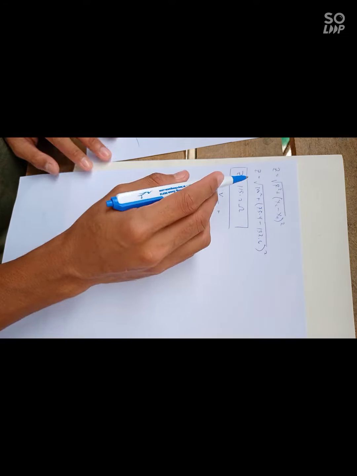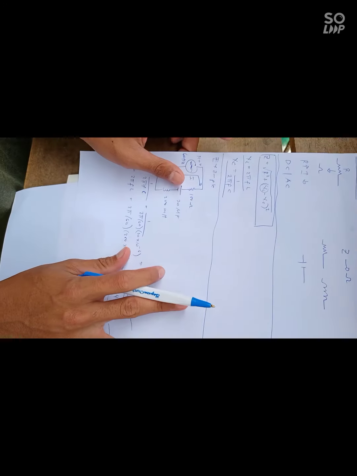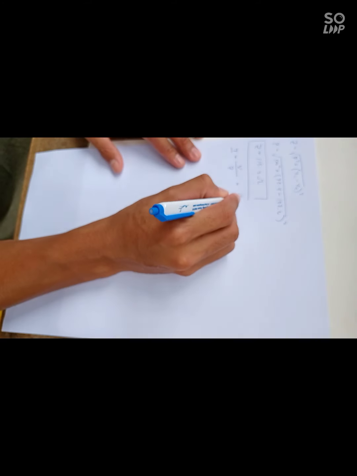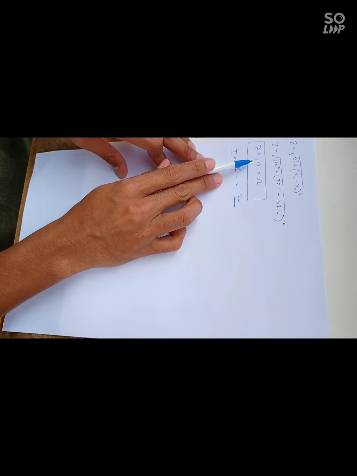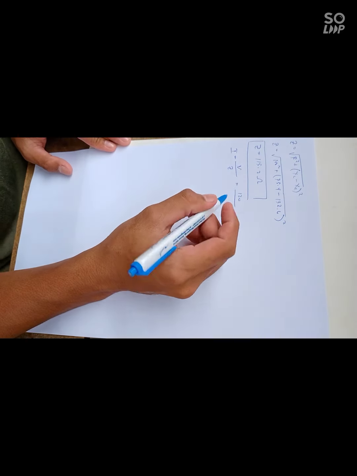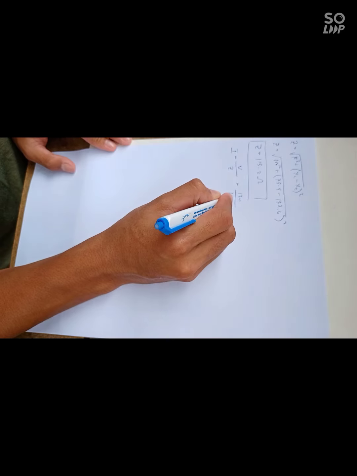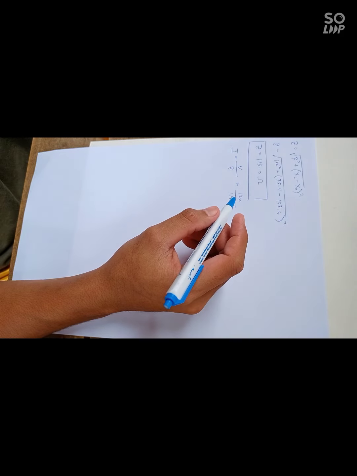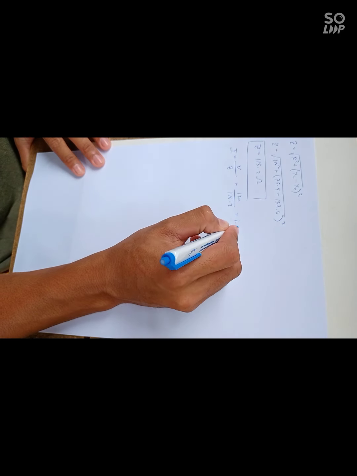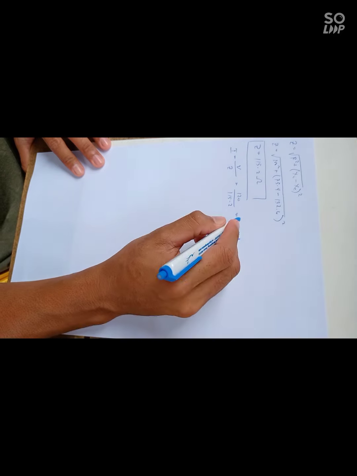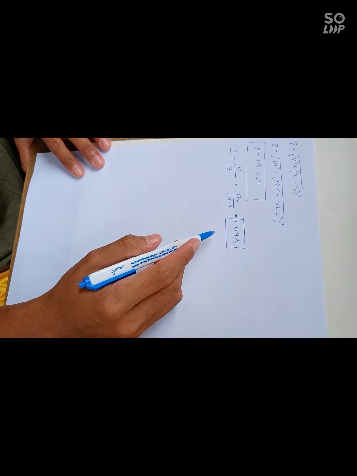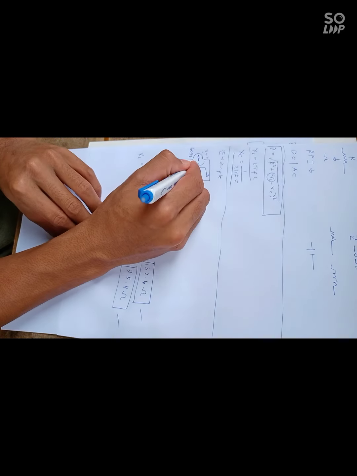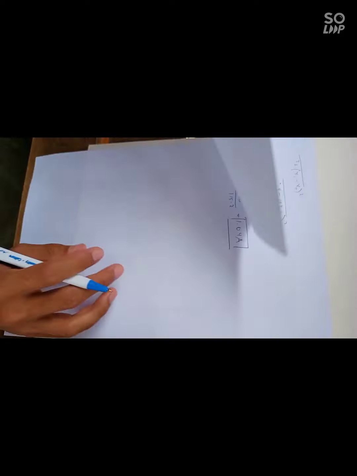The voltage is 120, over the impedance 115.2. Then the result is 1.04 amperes. That is the current flowing. We have the current of 1.04 amps.